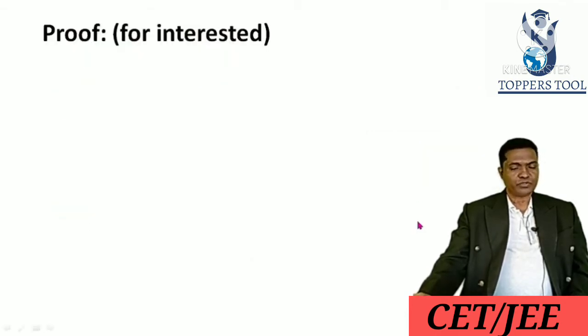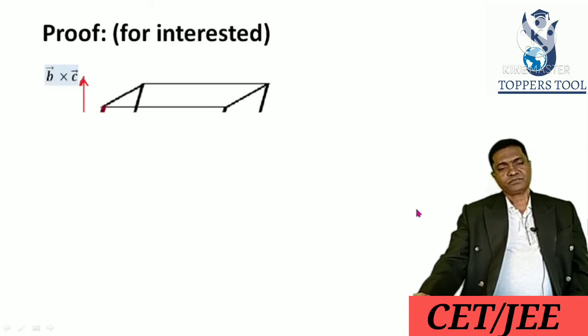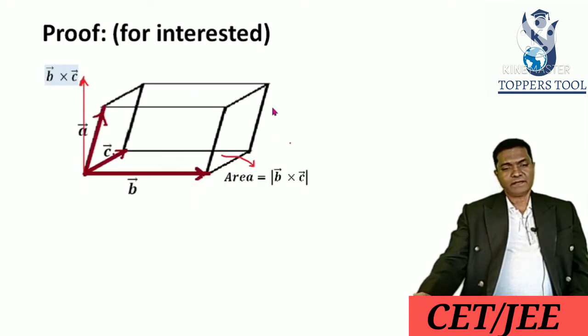The proof is for those who are interested. Consider a parallelepiped with A, B, C as adjacent sides: this is vector B, this is vector C and this is vector A. We are interested in the volume of this parallelepiped.